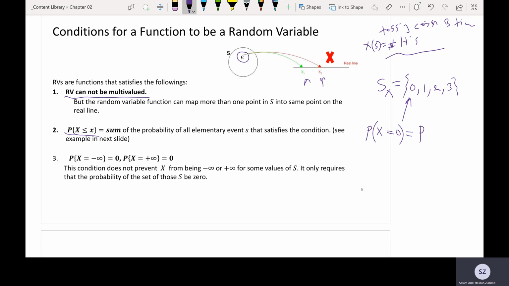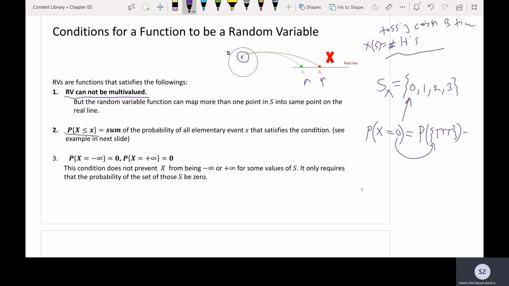It's basically the probability of the corresponding elements in the sample space. What was the corresponding element? Tail, right? 0 in the random variable space is equivalent to tail.